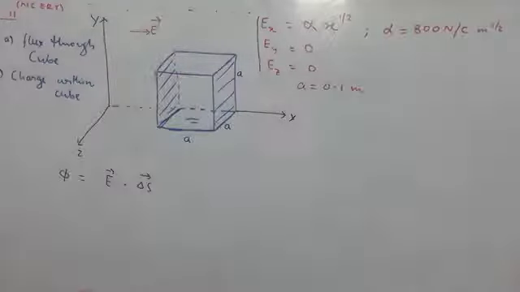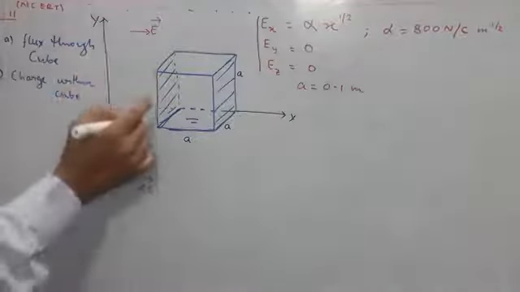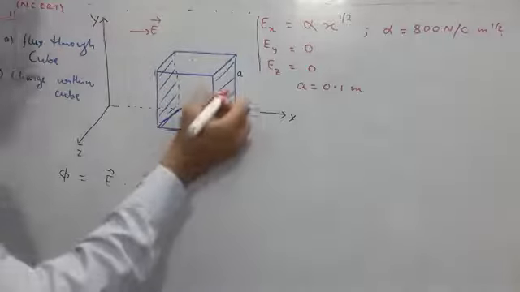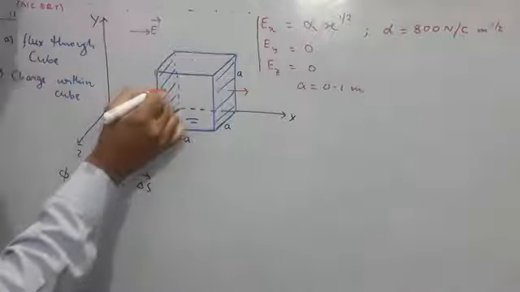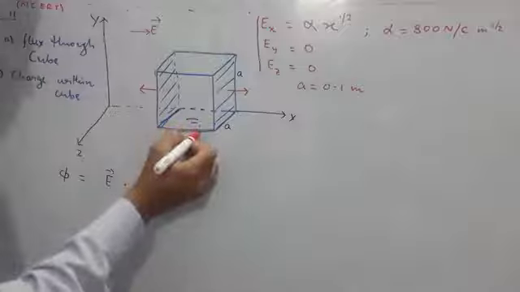So there are 6 faces, each of area A square. If you remember students, I have told the direction of area vector is taken normal to the surface. For this face, the area vector will be in this direction. For this face, it will be in opposite direction. For this bottom face, it will be downward.